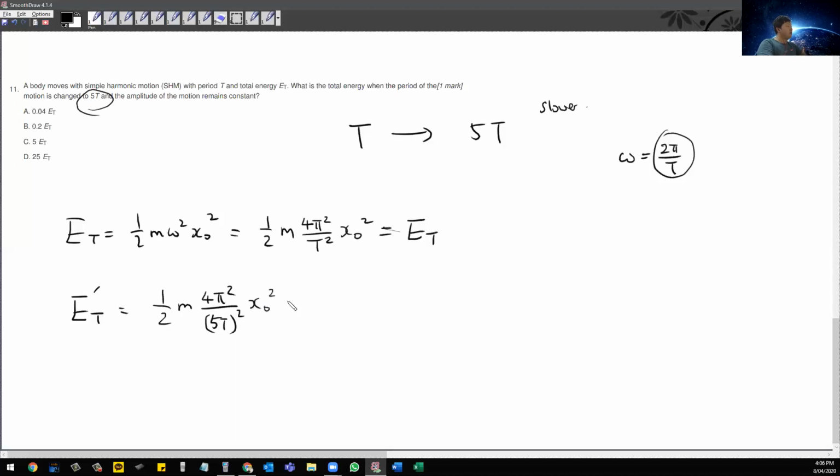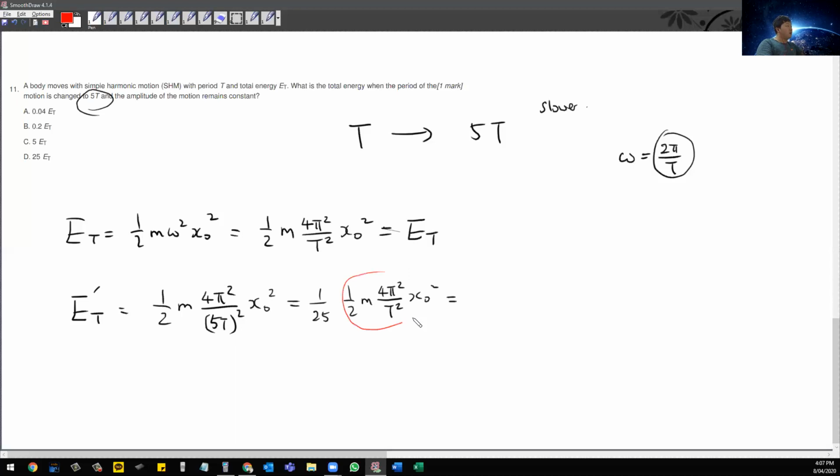Yeah. Now 5 squared is 25, right? So 1 on 25 at the front, and everything else will be just the same, 4 pi squared over t squared, and then x naught squared.